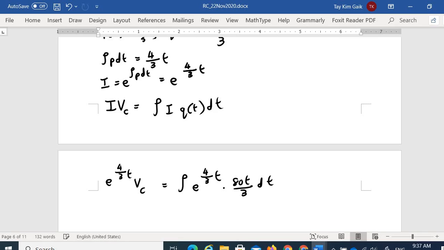So factor out the constant 80 over 3, and integrate exponent 4 over 3t times t dt.